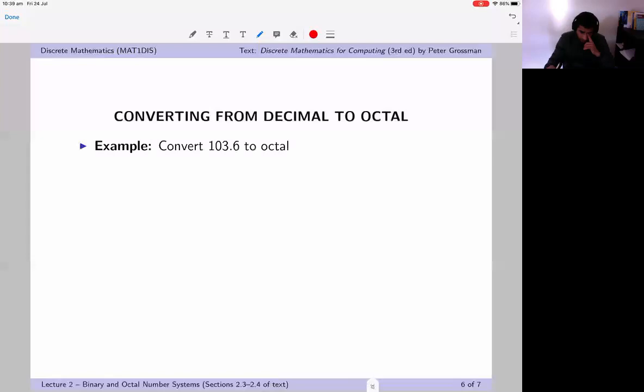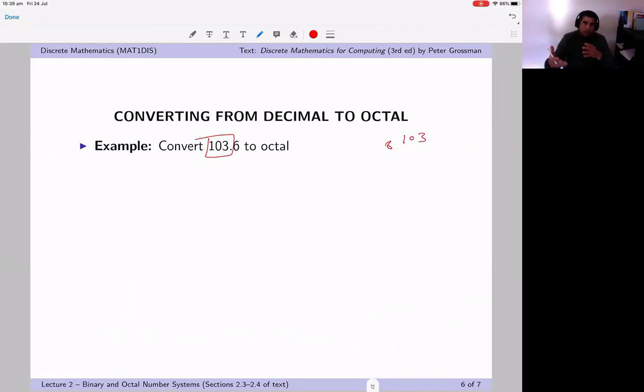Okay. So for example, if I want to convert this number to octal, I would deal with the integer separately, and then the fraction part separately. So writing down the integer 103, I would like to divide by 8.